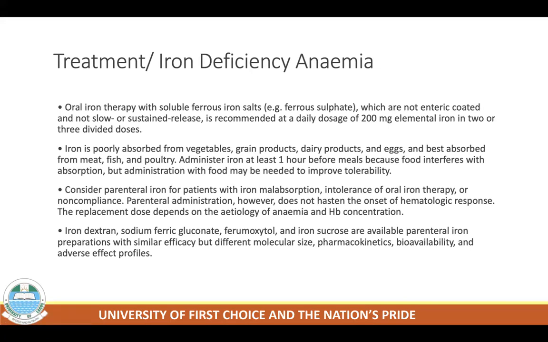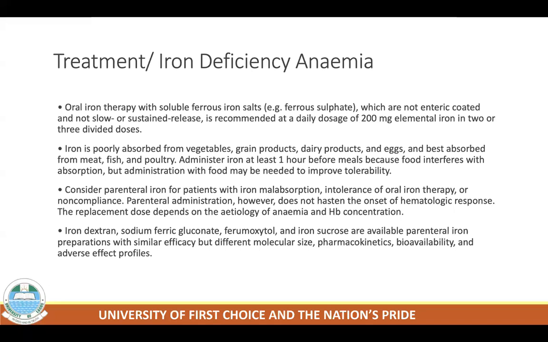And then the fact is also that your body stores iron as ferritin, right? And when there are mild deficiencies, your body's store of iron is able to cover up for the deficiency. So for iron deficiency anemia to show up, it means that your body storage of iron has been depleted. And that's why it's important to treat iron deficiency anemia, because the body will not naturally recover from that.